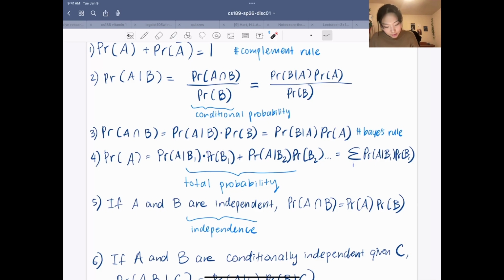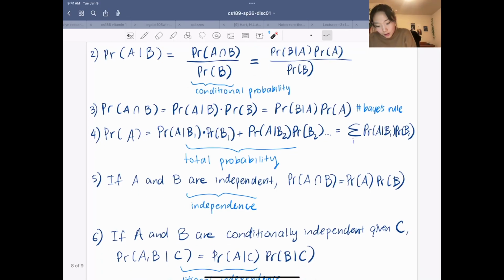Given we know this relation, we can apply it in our conditional probability rule by saying this equals that, and that can often be helpful in our problems.